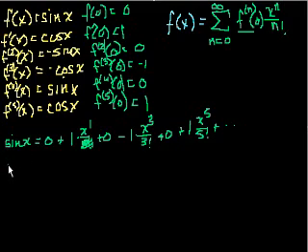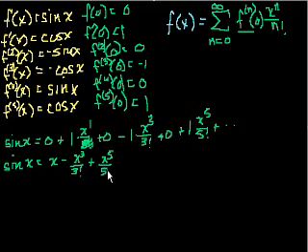So let me rewrite it. Sine of x is equal to 0, so we get x to the first. So that's just x minus x to the third over 3 factorial plus x to the fifth over 5 factorial.